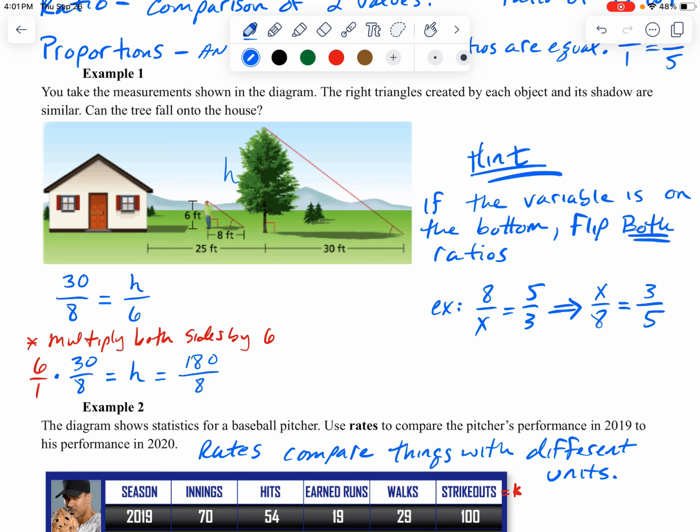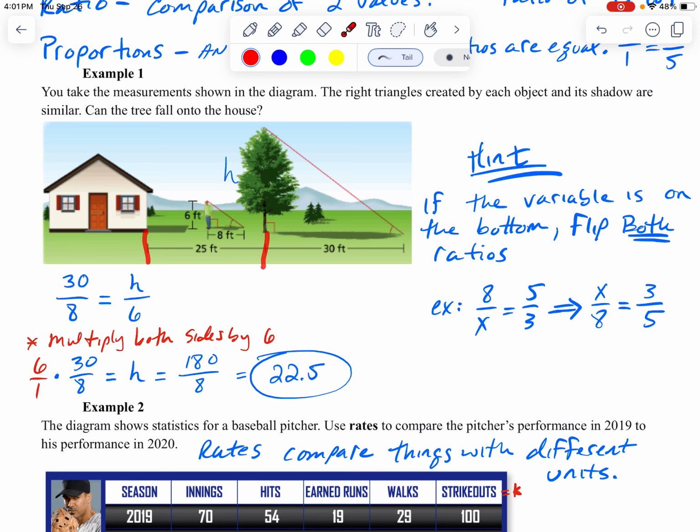This doesn't really reduce nicely, but we could punch this into a calculator. Remember, fractions and division are the exact same thing, so I could just do 180 divided by 8, and we would get 22.5. So the height of the tree is 22.5. Is that going to hit the house?